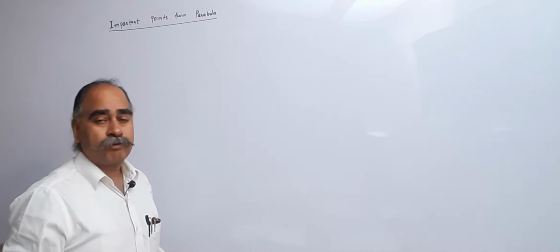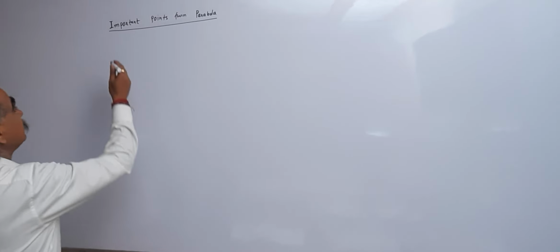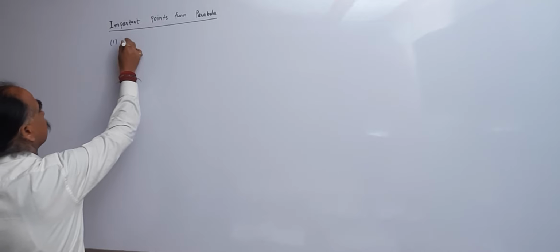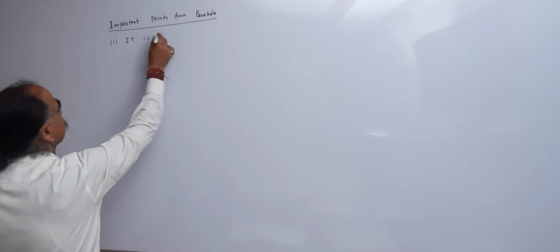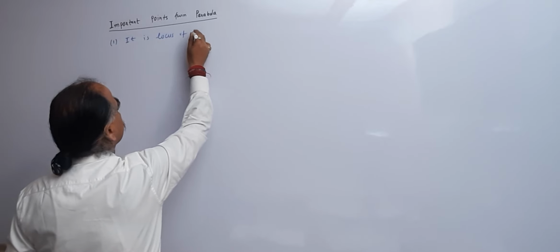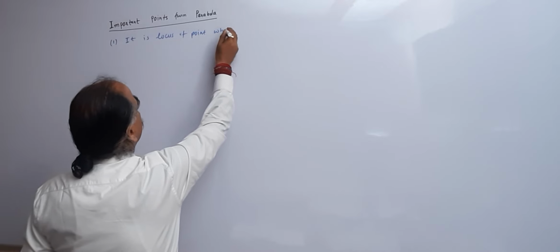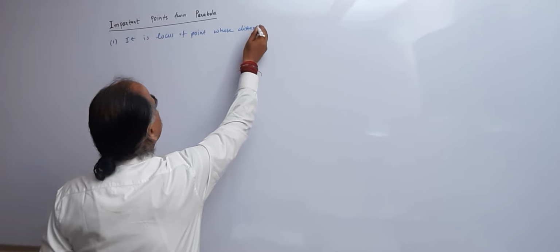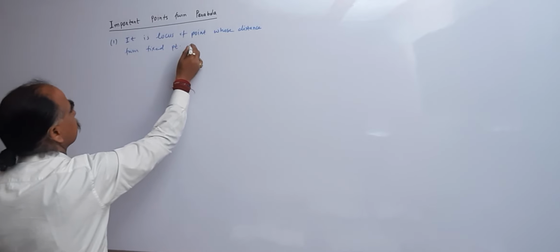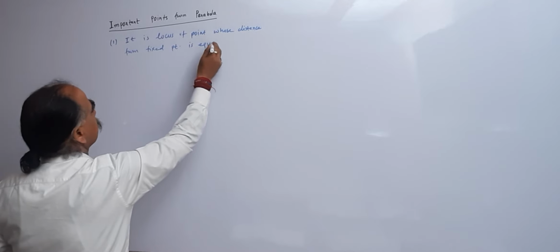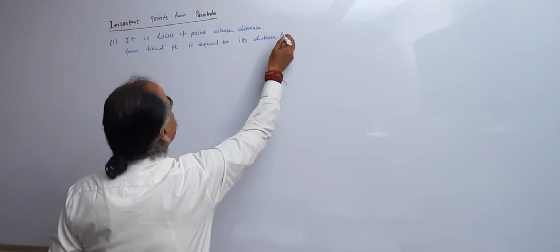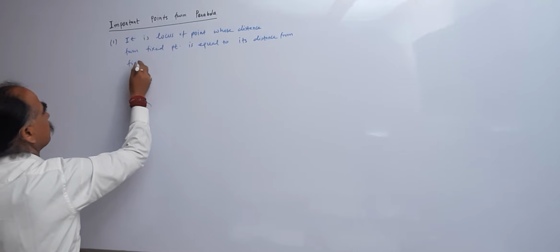Now friends, we'll go to important points of parabola. Number 1, it is the locus of a point whose distance from a fixed point is equal to its distance from a fixed line.